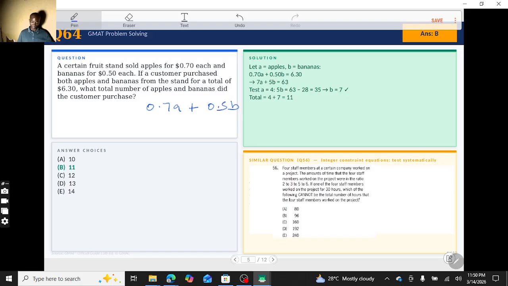So when b is 7, 7 times 0.5 is 3.5. 3.5 plus 2.8 will give us 6.3. There is no other combination that gives us that 6.3. That is why that is correct. And here is a similar question that you can try.